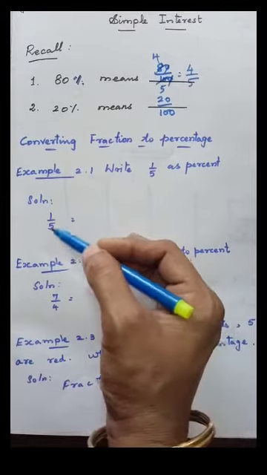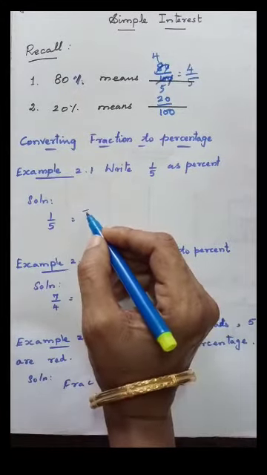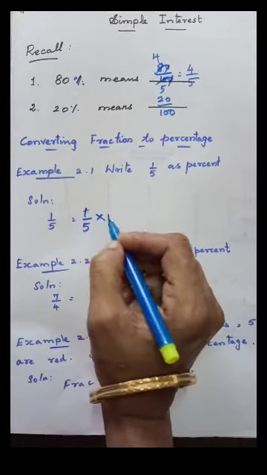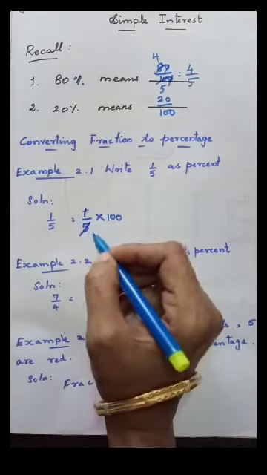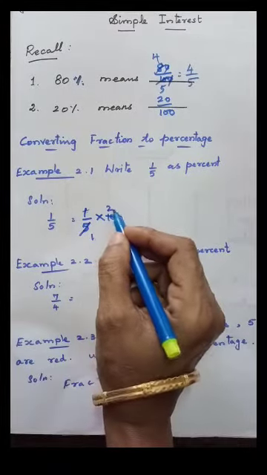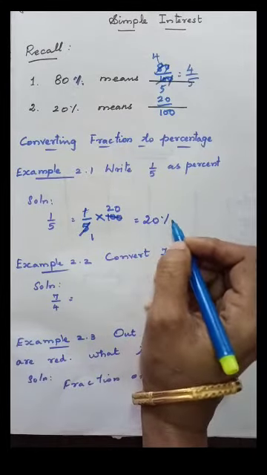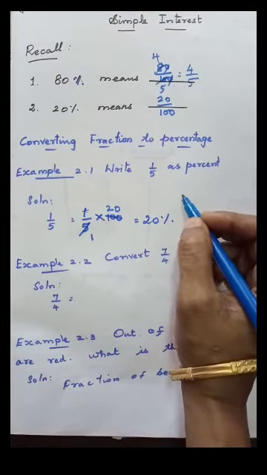Out of 5 we have 1, isn't it? So to make this a percentage, we have to multiply this by 100. Then we can cancel: 5 1s are 5, 5 2s are 10. So it is 20%.